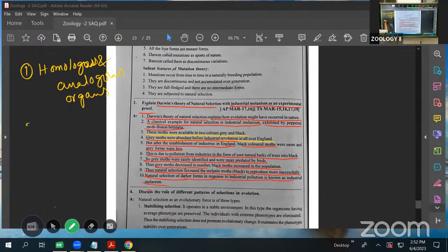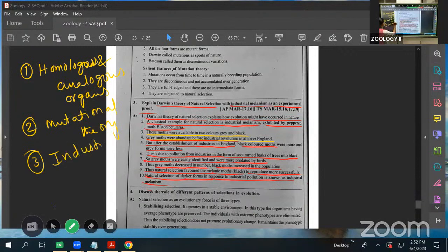Second is the mutational theory. Third one is the industrial melanism, Darwin's natural selection. This one is about the evolution. More 2-3 questions are there, that we will discuss in the next class.